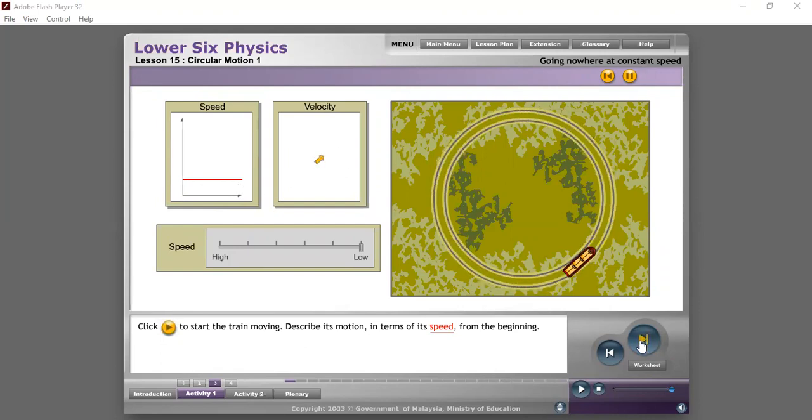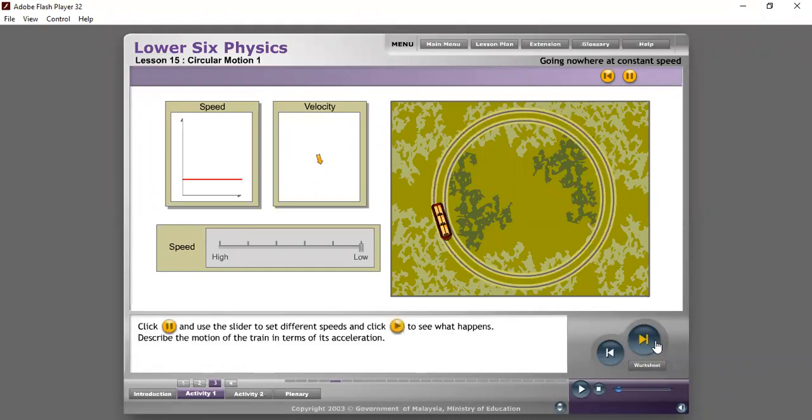The velocity changes direction, but not magnitude. Answer: it increases speed steadily, then travels at constant speed. Describe its motion in terms of its velocity from the beginning. Answer: the magnitude of the velocity increases steadily, then remains constant. The direction of the velocity changes continuously.